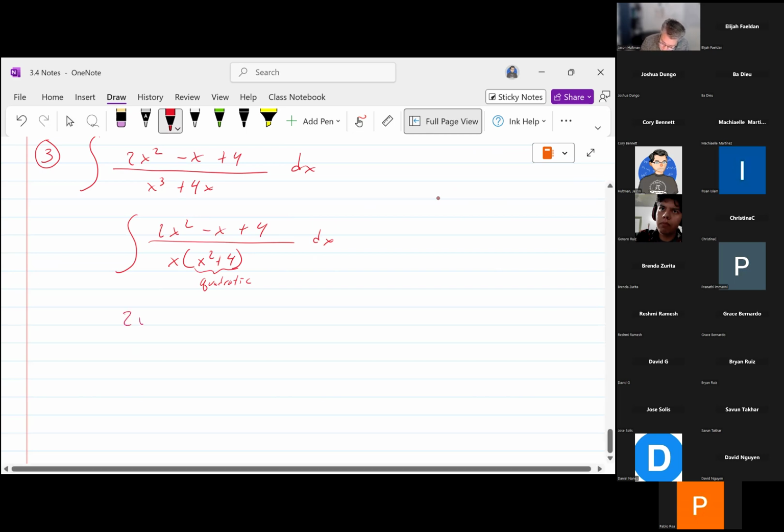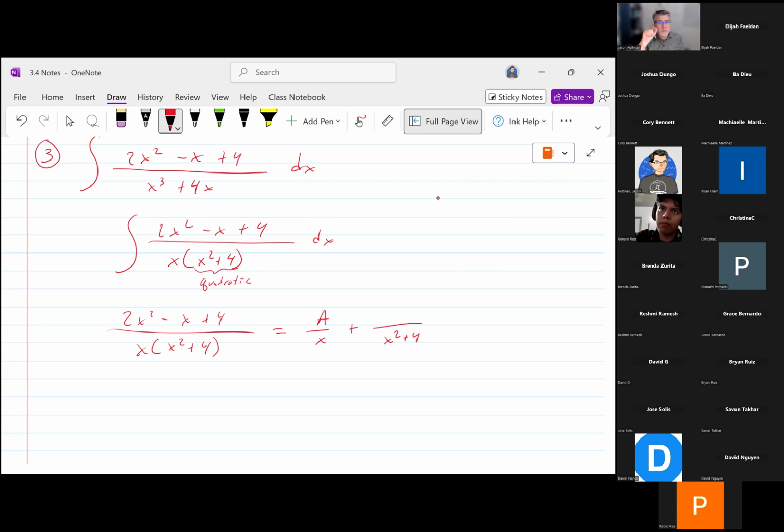This is going to be 2x squared minus x plus 4 all over x times x squared plus 4, and this is going to be equal to a over x, plus something over x squared plus 4, but we always have to go down one power.